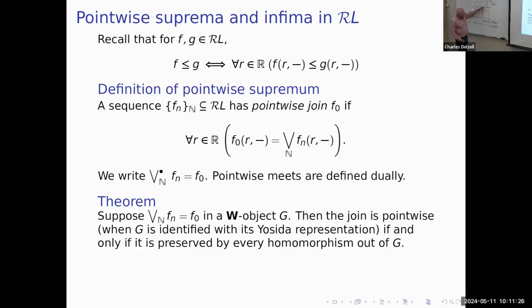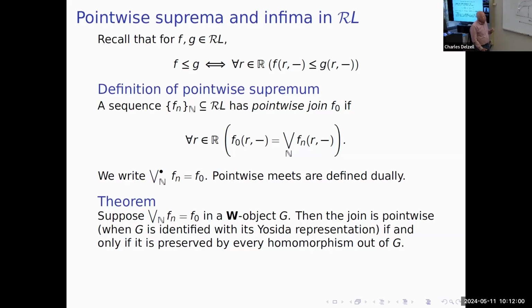The smaller function takes that right ray, I say the function, but what I really mean is the inverse of the function, the frame map associated with the function, to this chunk of the domain, whereas the larger function takes that same right ray to this larger chunk of the domain. So the theorem is that in R of L, f is below g if and only if that is true for each right ray r, right? That's just an easy calculation.